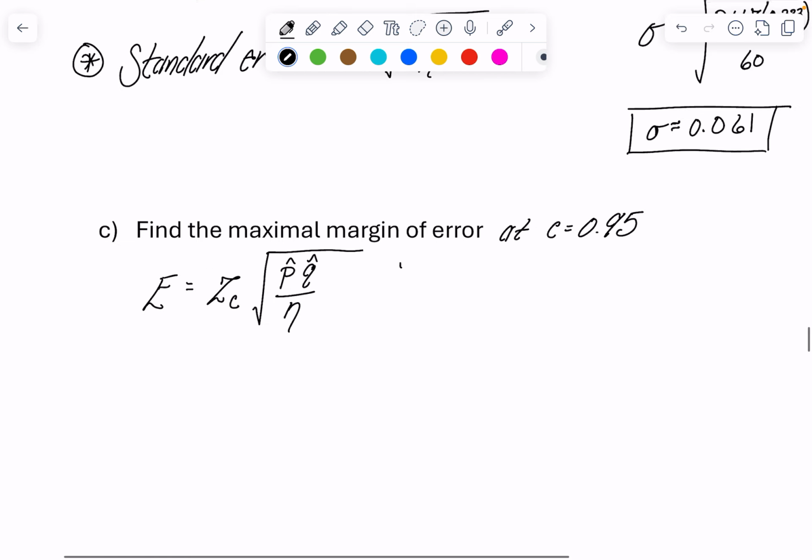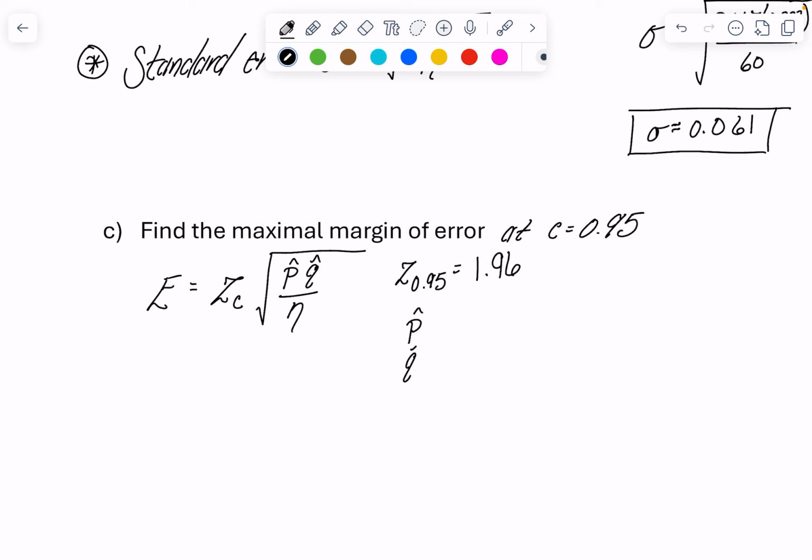So here, I'm going to rewrite that value that we found. If you'd like to see that calculation done again, please review that section where we did the example for finding the critical values. And that value was 1.96, okay?